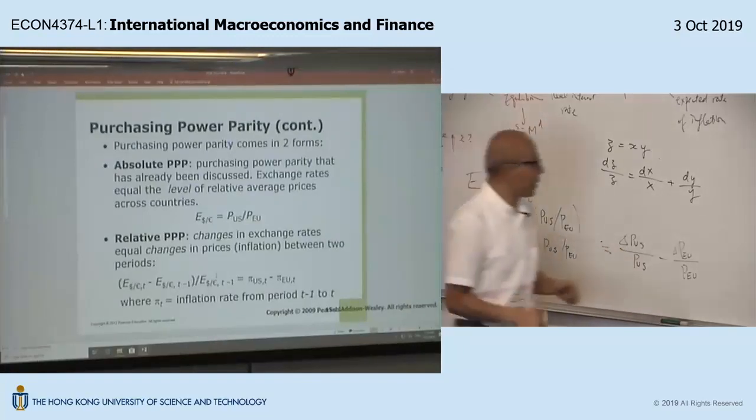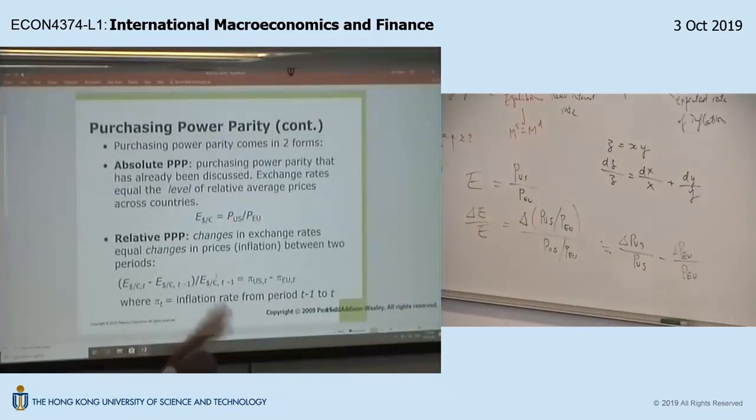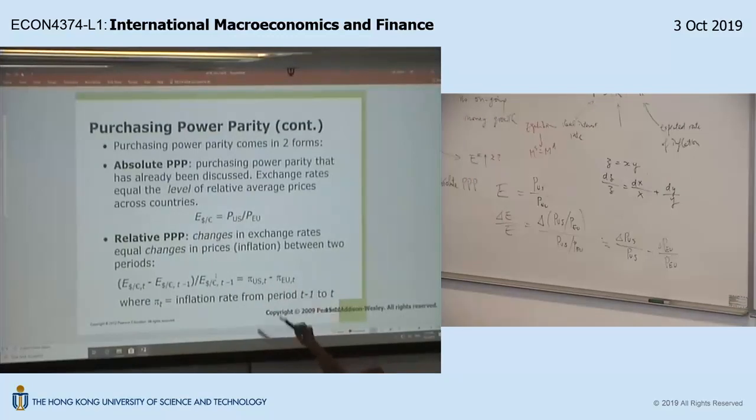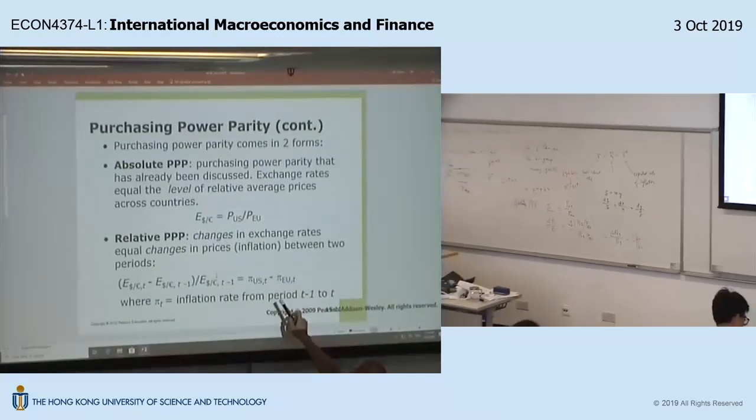This is where it comes from. So relative PPP says the change in the exchange rate equals the changes in prices between two periods.